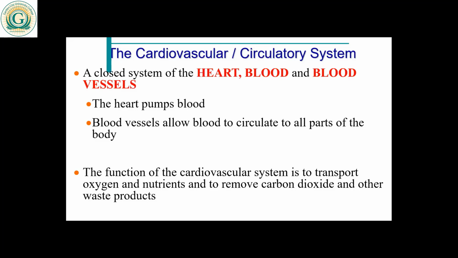So the function of the cardiovascular system as a whole is to transport oxygen and nutrients, and also remove carbon dioxide and other waste products from the body. If we're doing homeostasis, I made mention that the main extracellular fluid that maintains homeostasis is the blood. Because it's the blood that transports heat, nutrients, oxygen, and other vital components that every cell needs.